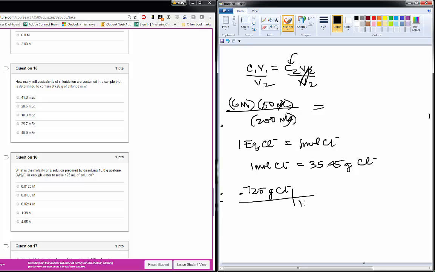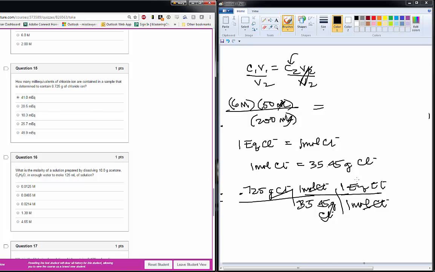then since 35.45 grams of chloride is in 1 mole, and every 1 mole has 1 equivalent of ions in it, and they want to know milliequivalents, not just equivalents.